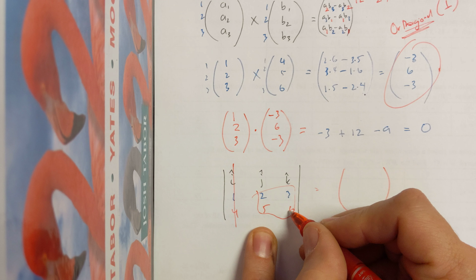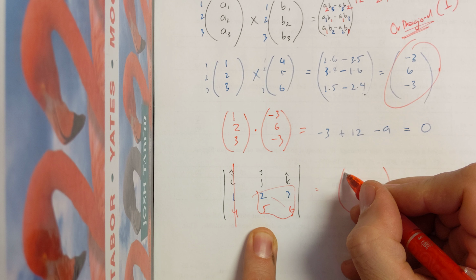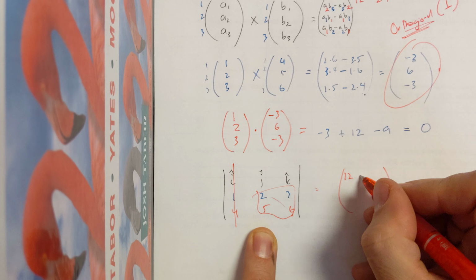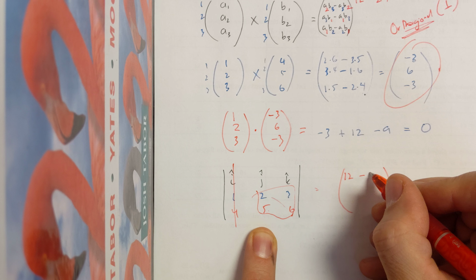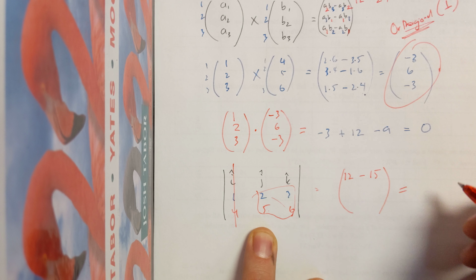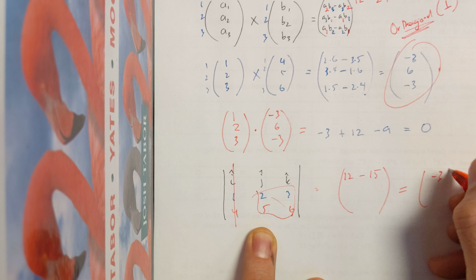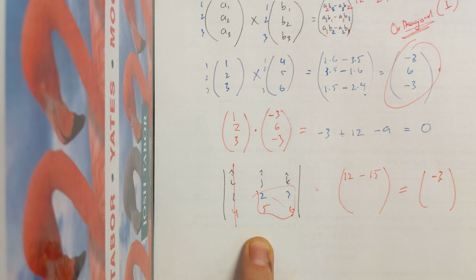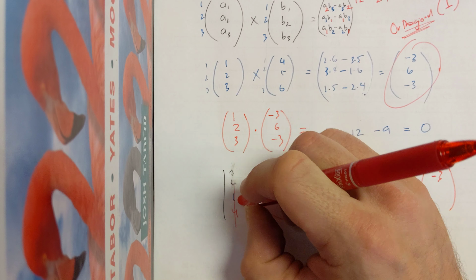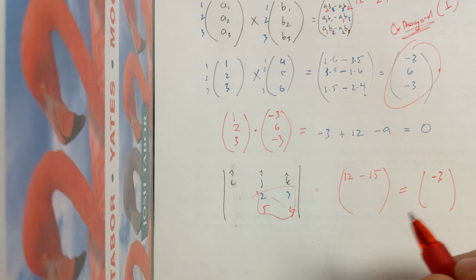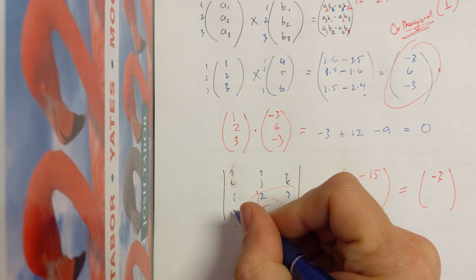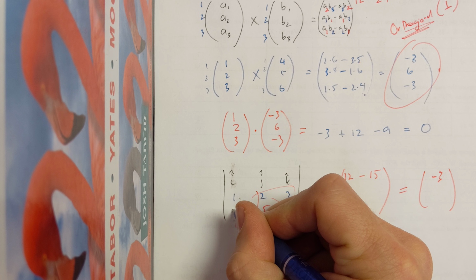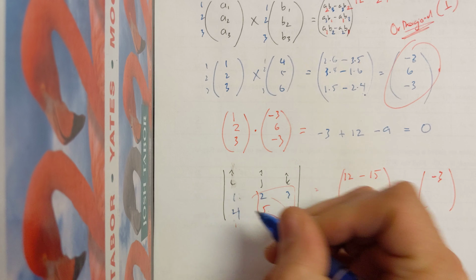In other words, it would be 2 times 6, which is 12, minus 5 times 3, which is 15. And notice that was, once again, negative 3, the first component that we had here.